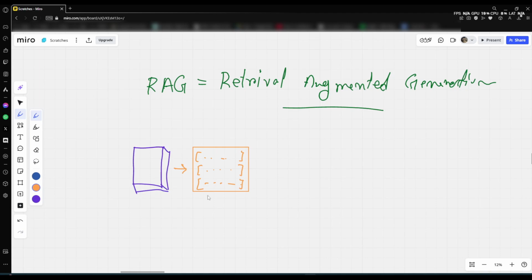We have bag of words, then we have TF-IDF, then we have word2vec, and many others. However, once we convert this book into vectors, we will save it inside a vector database.